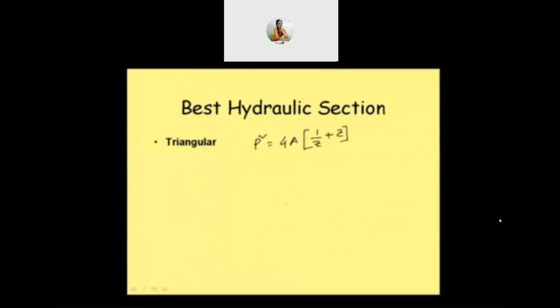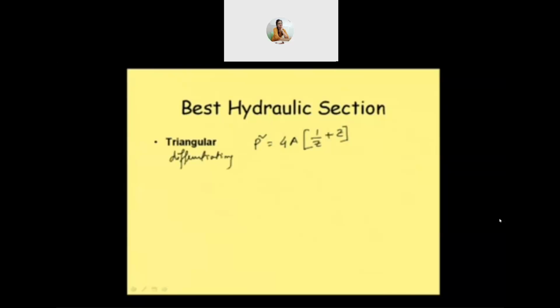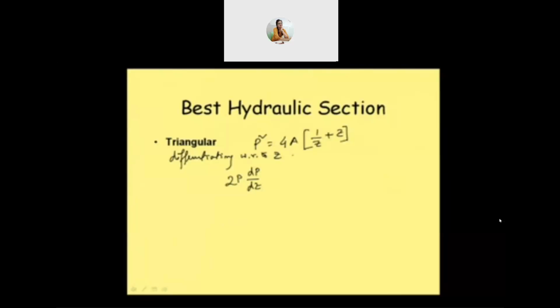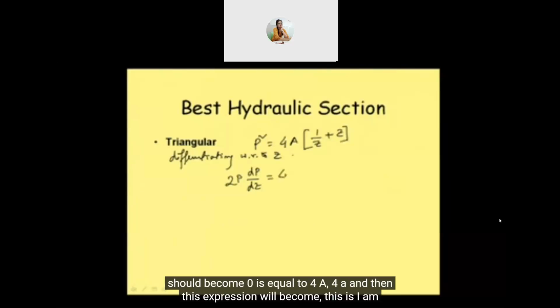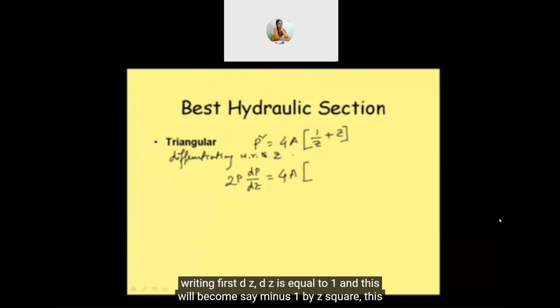Now we can differentiate this equation with respect to z. Differentiating with respect to z, we get 2P dP/dz, and our interest is that this should become 0, is equal to 4A, and then this expression will become, writing first dz by dz is equal to 1, and this will become minus 1 by z square.